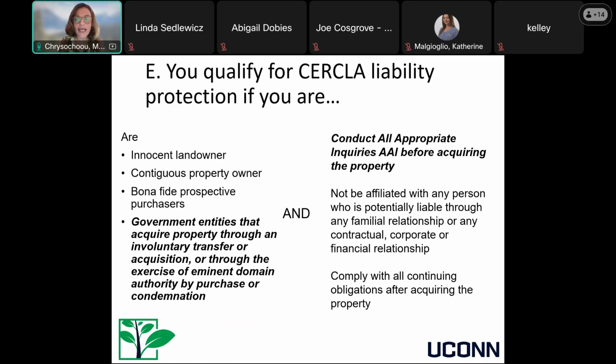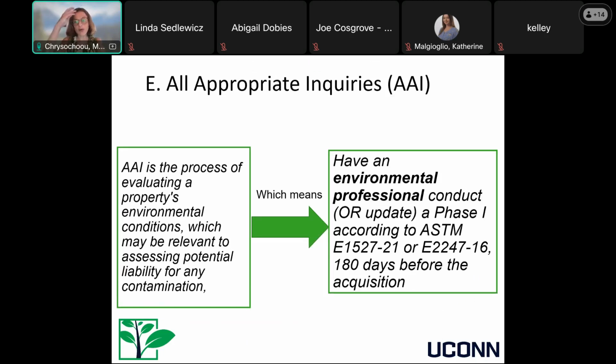I do want to go a little bit more into the all appropriate inquiries clause. AAI is the process of evaluating a property's environmental conditions, which may be relevant to assessing potential liability for any contamination. In practice, that means that you need to have an environmental professional conduct, or update, if you have an older one, a Phase 1 assessment within 180 days before the acquisition.